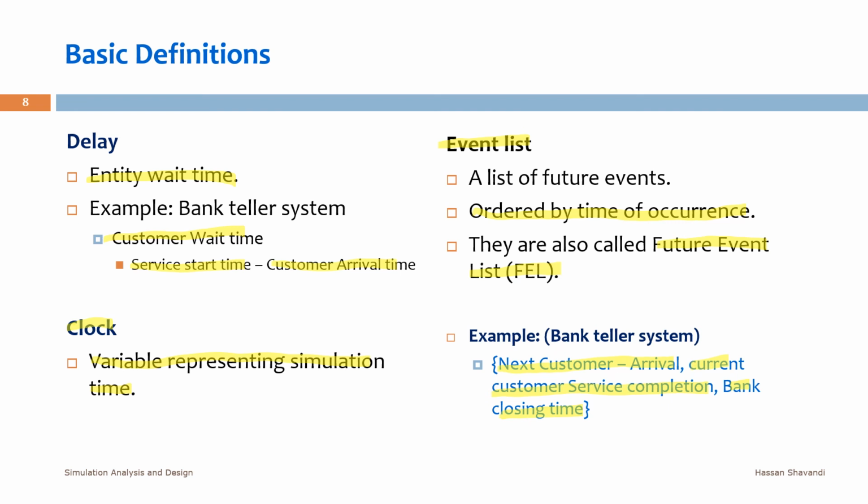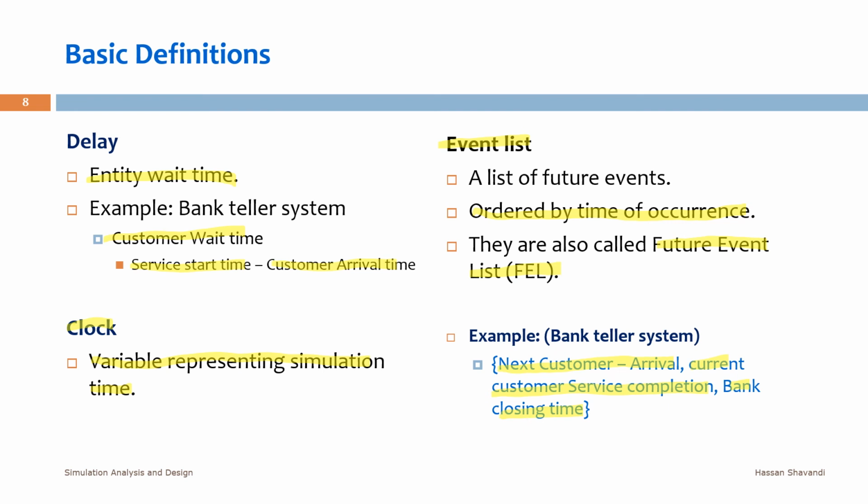We should order these three events in our FEL based on time of occurrence. If we are going to have a new customer before completing the service of the current customer, then the next event would be an arrival.